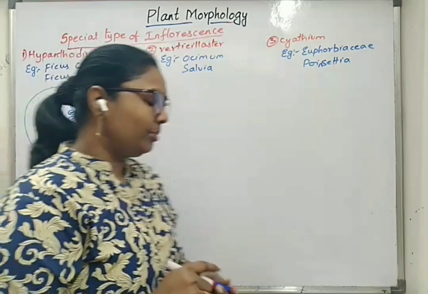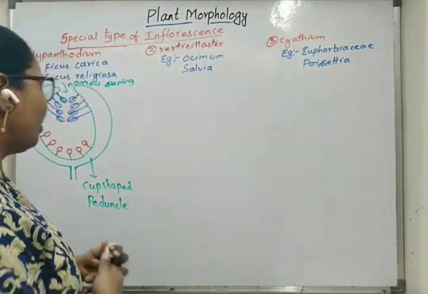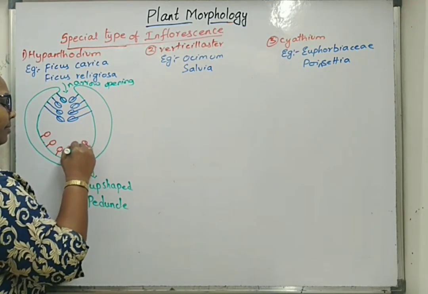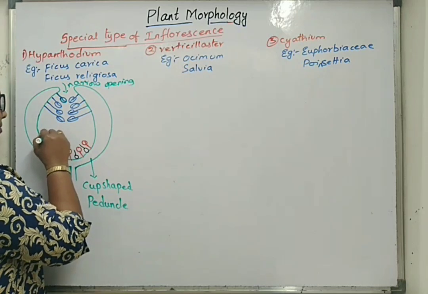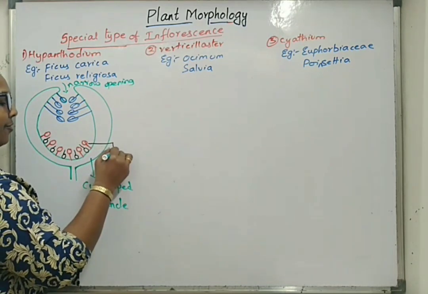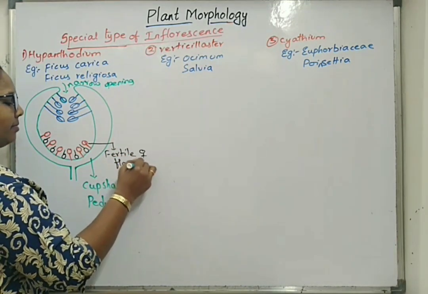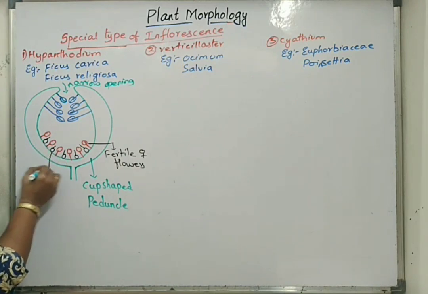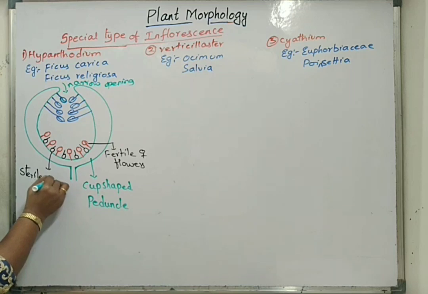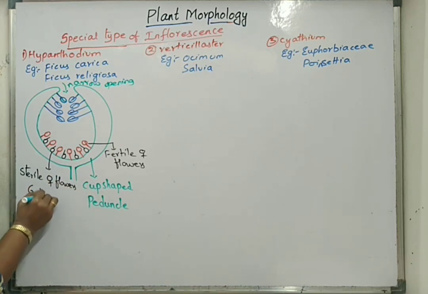In case of Hypanthodium inflorescence, there are other types of female flowers which are not used for fertilization. Those are called gall flowers. You can say this red color marked female flowers are fertile female flowers. These are sterile or unfertile female flowers, also called gall flowers.